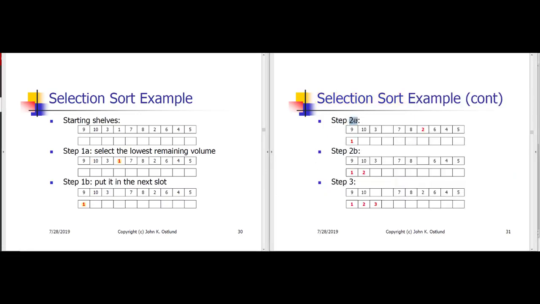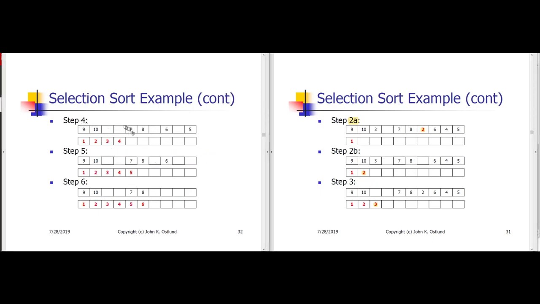Then in step 2A, we scan the remaining unsorted volumes and discover that 2 is the lowest numbered unsorted volume, and we put that in the second slot on the second shelf. In step 3, we identify and move volume 3 to its correct location on the second shelf, and we just keep at this recipe.